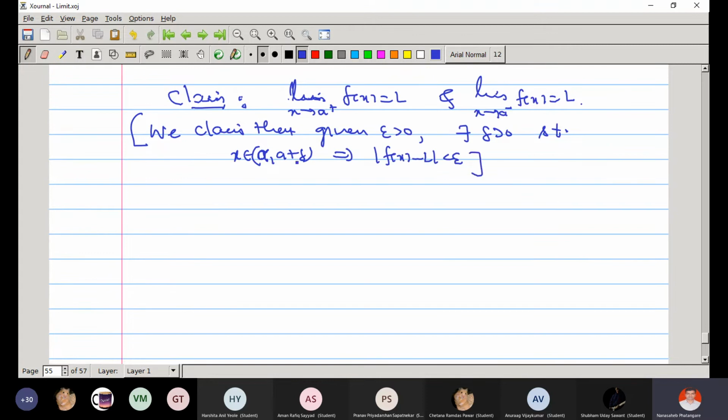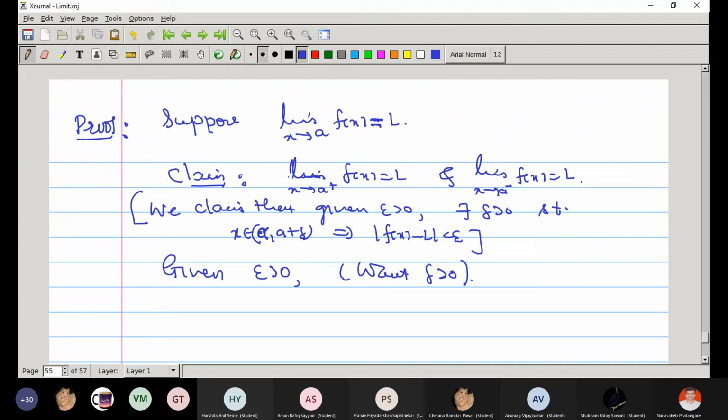If you prove this, then we say that for every epsilon we can produce delta, then the right hand limit is L. So start with epsilon. Given epsilon, want delta. Okay, so how to produce delta?